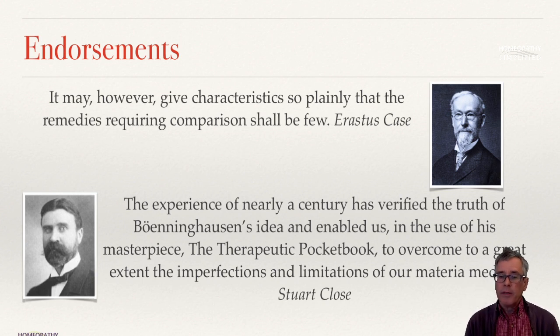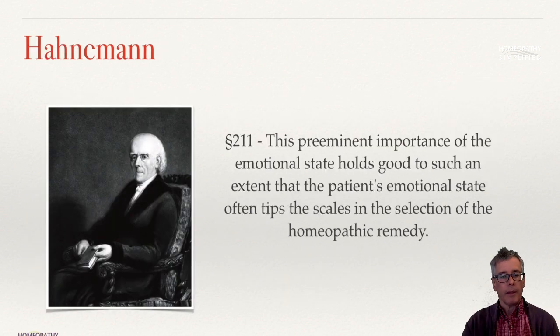"The experience of nearly a century has verified the truth of Boenninghausen's idea and enabled us, in the use of his masterpiece, the therapeutic pocketbook, to overcome, to a great extent, the imperfections and limitations of our materia medica." Stuart Close. These are really eminent homeopaths.